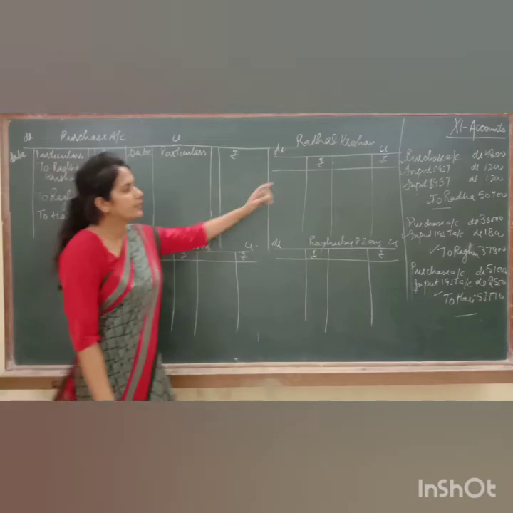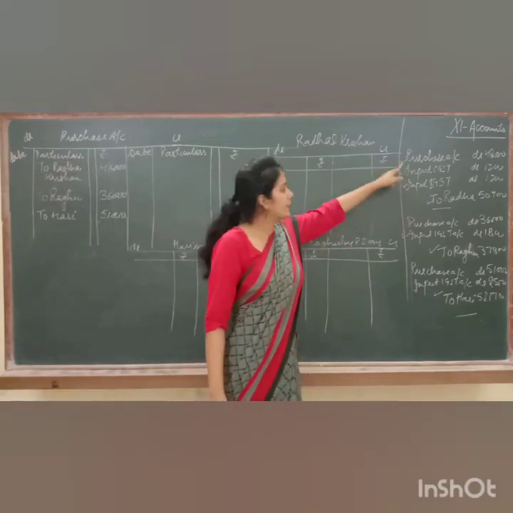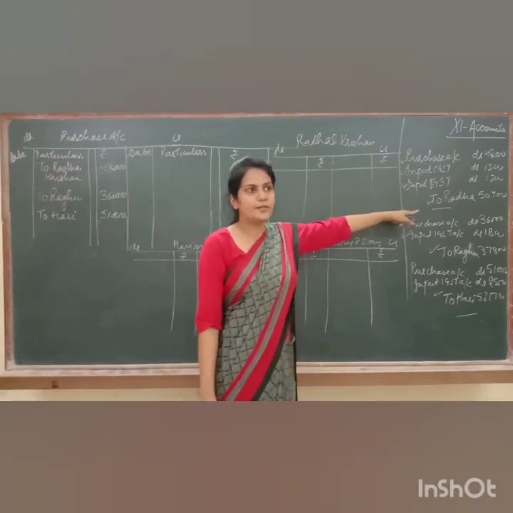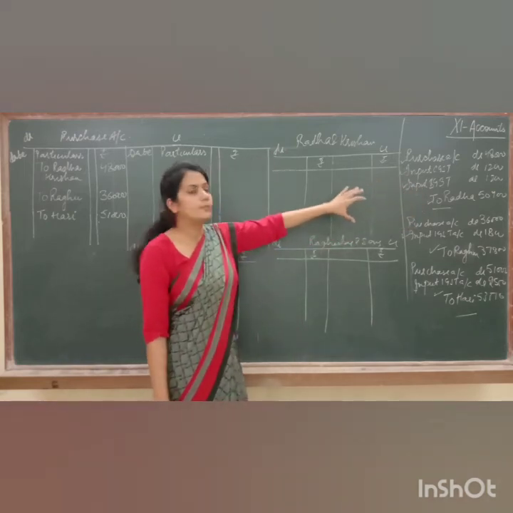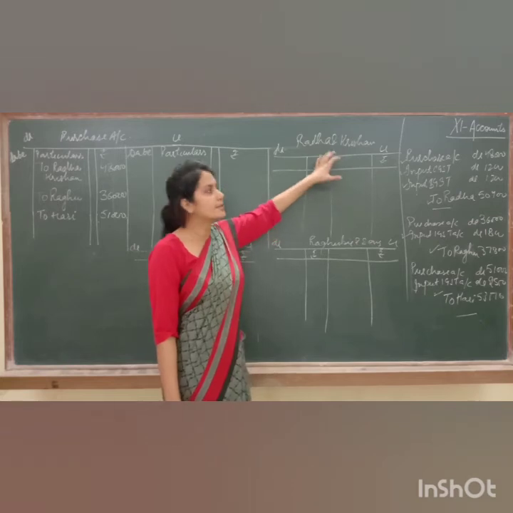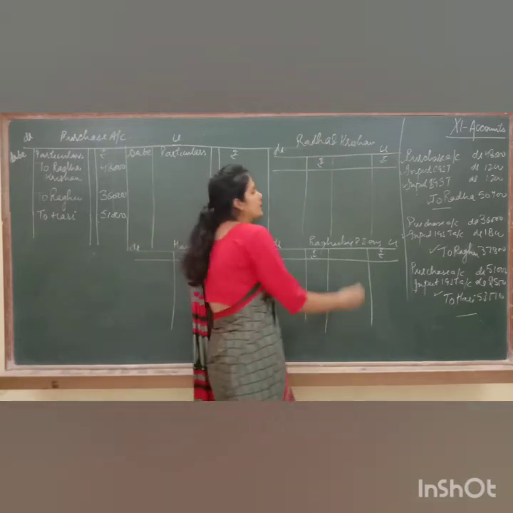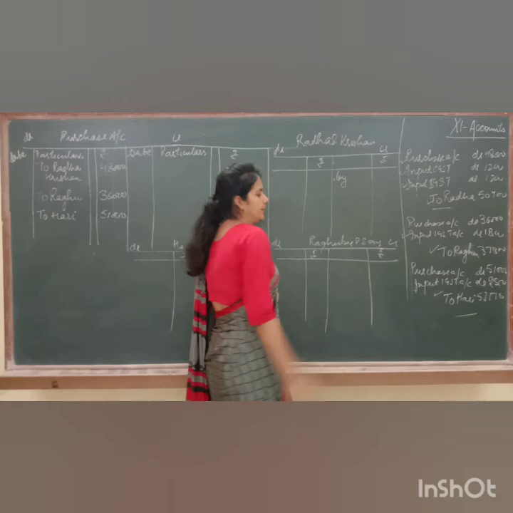Now let's see. First is Radha Krishna. In this entry, Radha Krishna has been credited. It means that this entry will be posted on the credit side of Radha Krishna's account. So we have to use the word by.